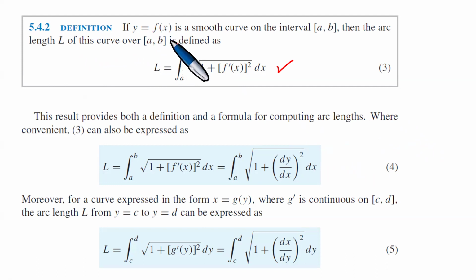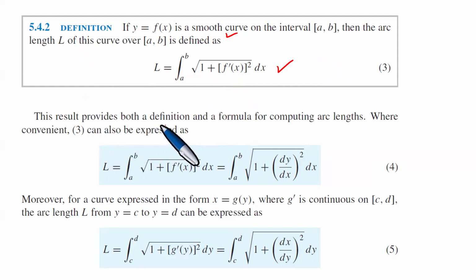If y equals f of x is a smooth curve on the closed interval [a, b], then the arc length L of this curve over [a, b] is defined as L equals the integral from a to b of the square root of 1 plus f prime of x squared dx.